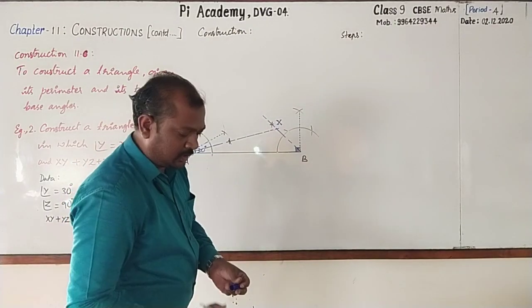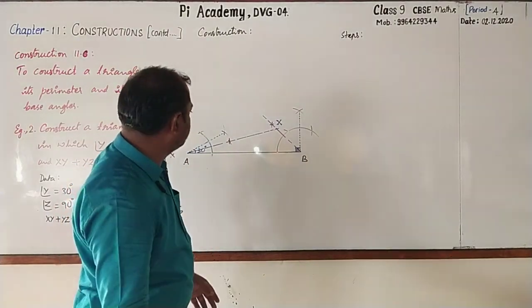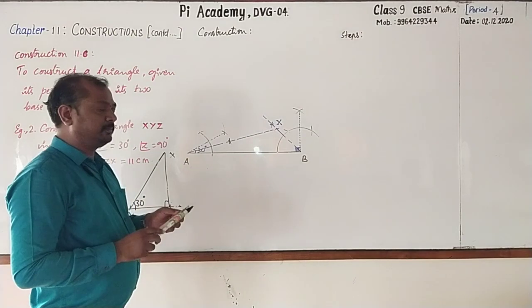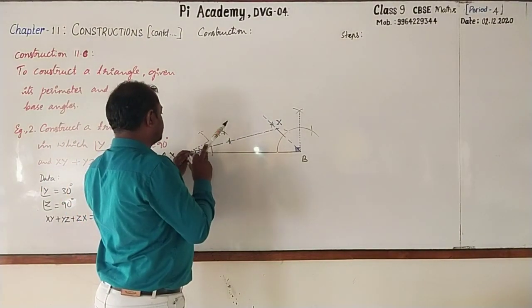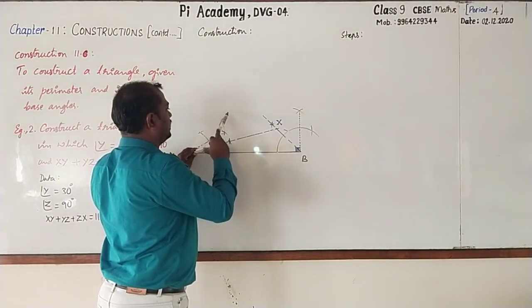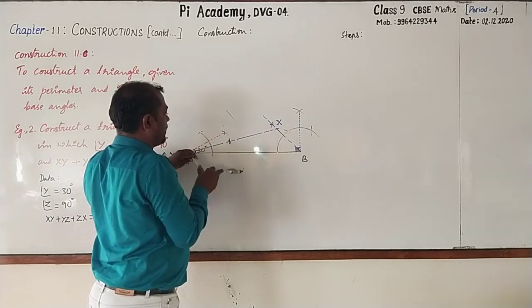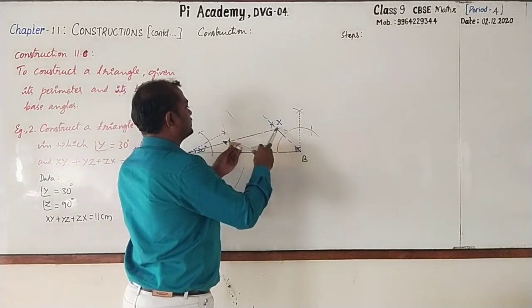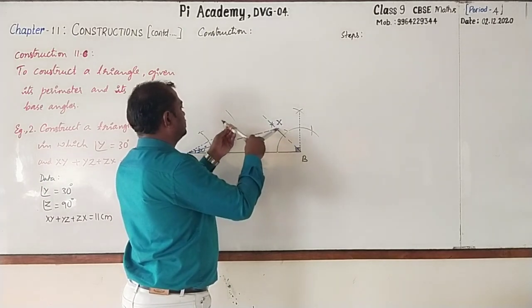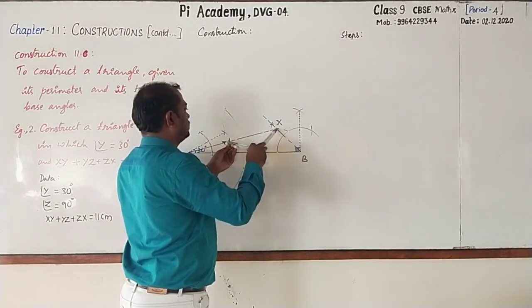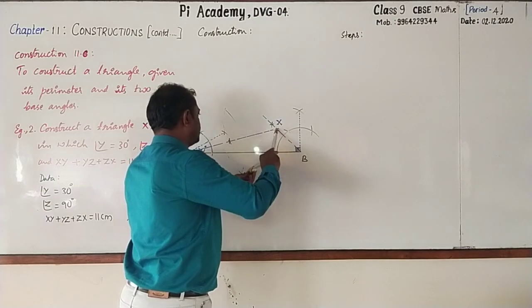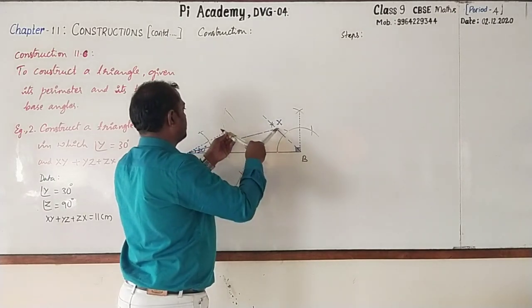Next, draw the perpendicular bisector to AX and BX. With A as center, take more than half of AX and draw the arcs on either side. With X as center, without changing the radius, draw the arc which cuts the previous arc.